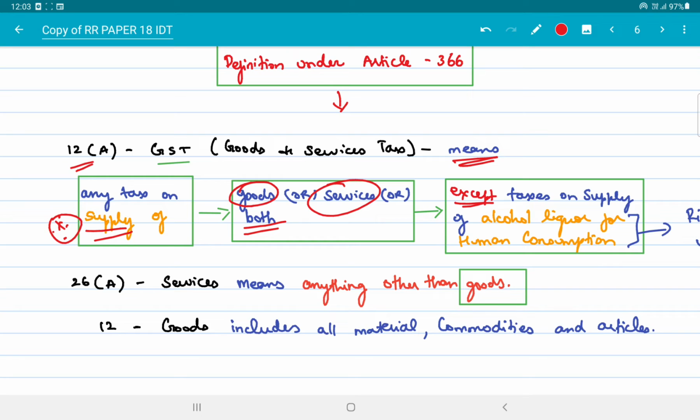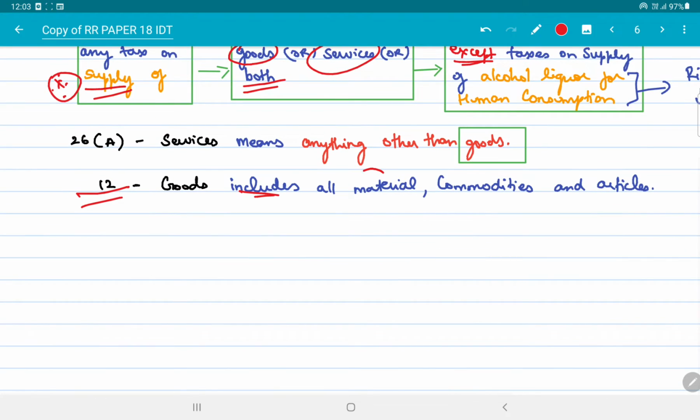What is services? What is goods? So the definition is given here: for goods, under 366(12), goods includes all materials, commodities, articles. Simple. Goods includes all materials, commodities, articles. Services means anything other than goods.